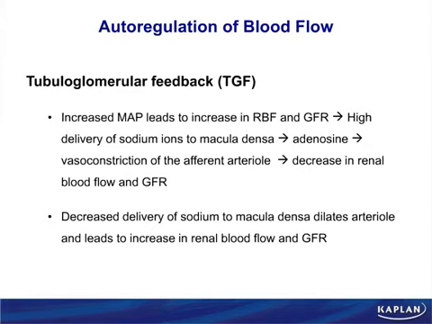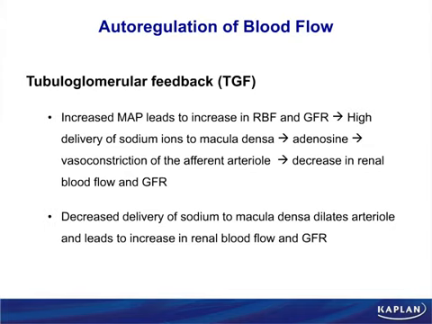Different substrates can do different things in different organs. So make sure you understand the difference and do not confuse this. Adenosine vasodilates coronary arterioles, but adenosine vasoconstricts the afferent arterioles here in the kidneys. It's very important to understand this distinction and not get the two confused.